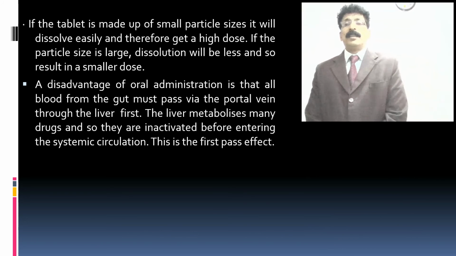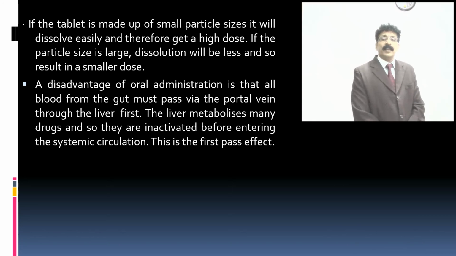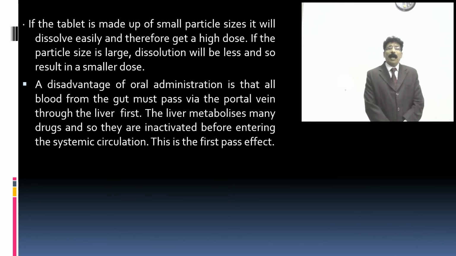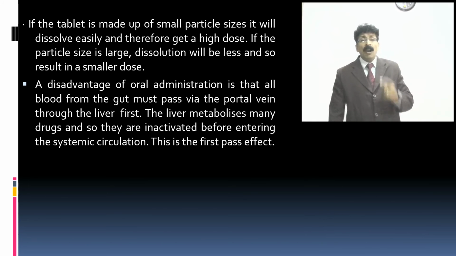This is just a theory and it is also practically applicable. A disadvantage of oral administration is that all blood from the gut must pass via the portal vein through the liver first, that is first pass effect.